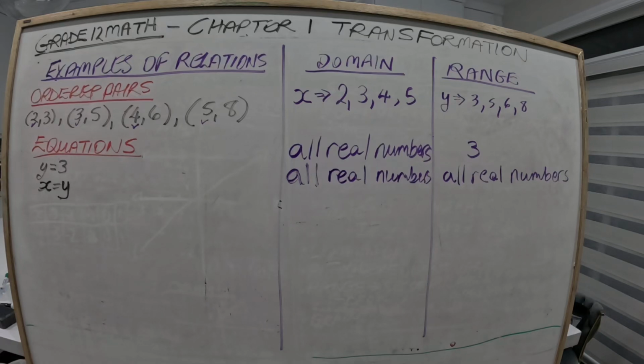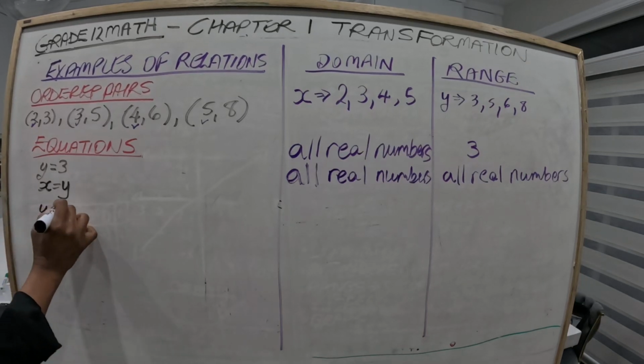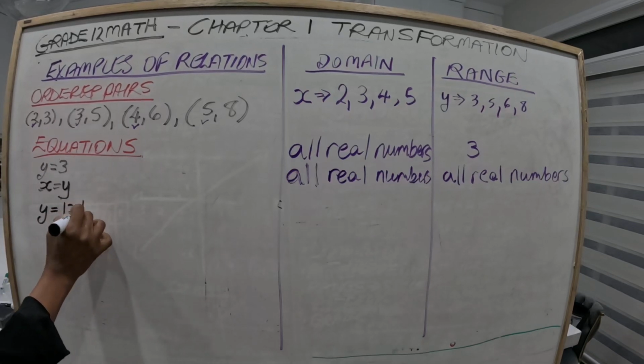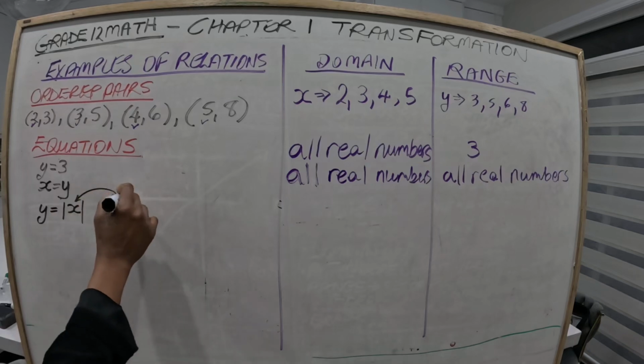Okay? So this other one is going to be tricky. This is saying y is equal to the absolute value of x. And what this means is absolute value.